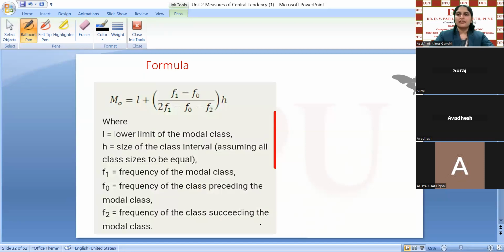First we will find the modal class. Then the lower limit is L1. Frequency of the modal class is F1, frequency of the previous class is F0, and frequency of the next class is F2. And H is the difference between the upper class limit and lower class limit of the modal class, that is L2 minus L1.